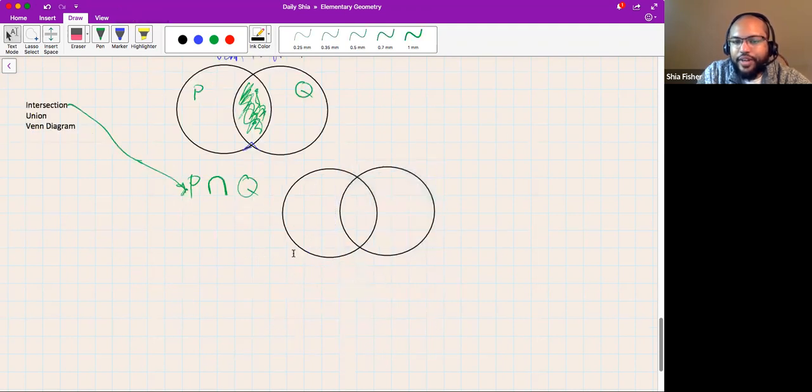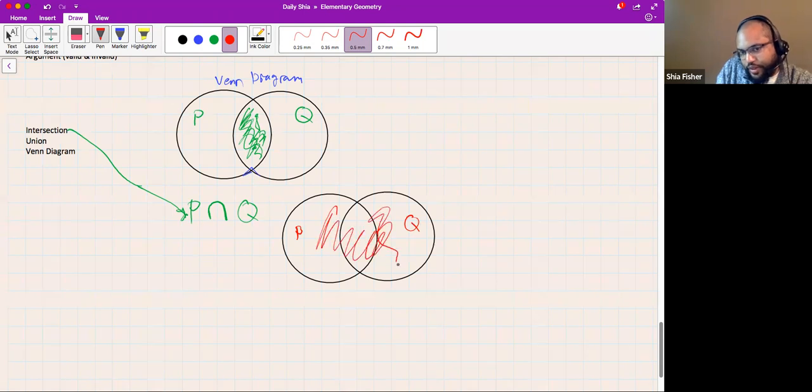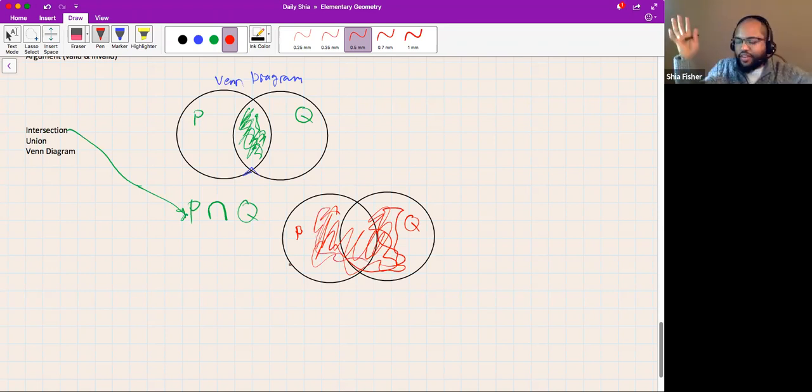Now, if we want to look at all of P and Q, so this is like when we want to put the two categories together. This is everything together. We just look at the set of all of the objects together.